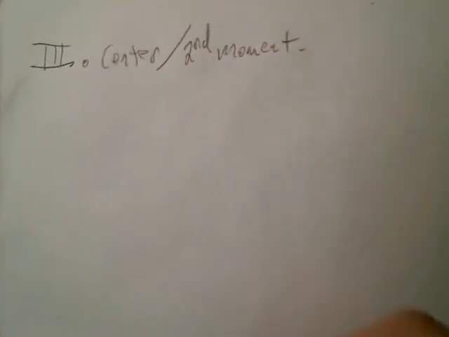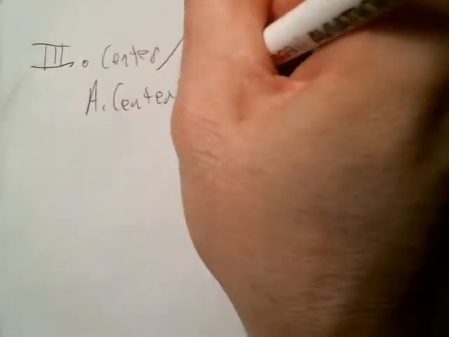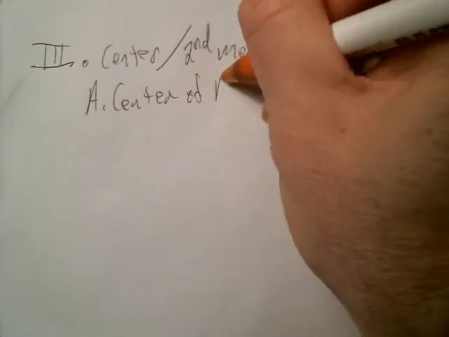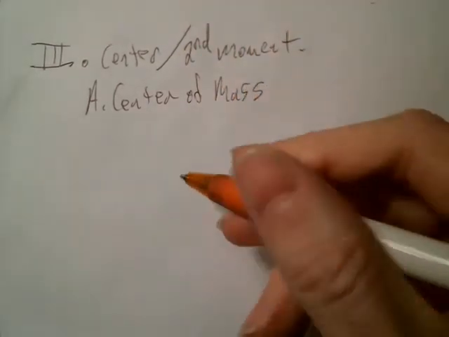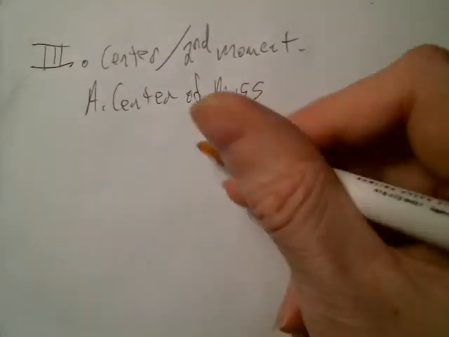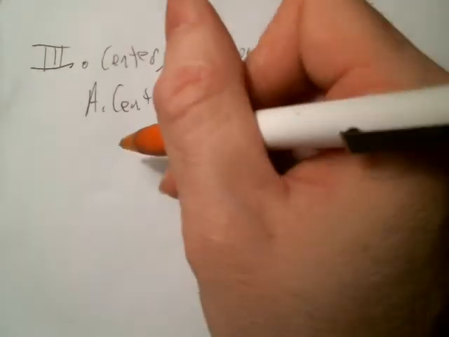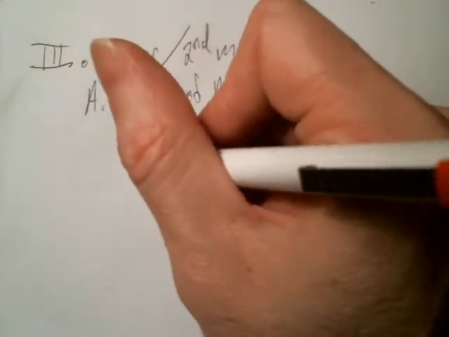If you remember the center of mass in 2 dimensions, we used the axes as our fulcrum points. Now we're going to be using planes, the xy plane, yz plane, etc., as our balance points.